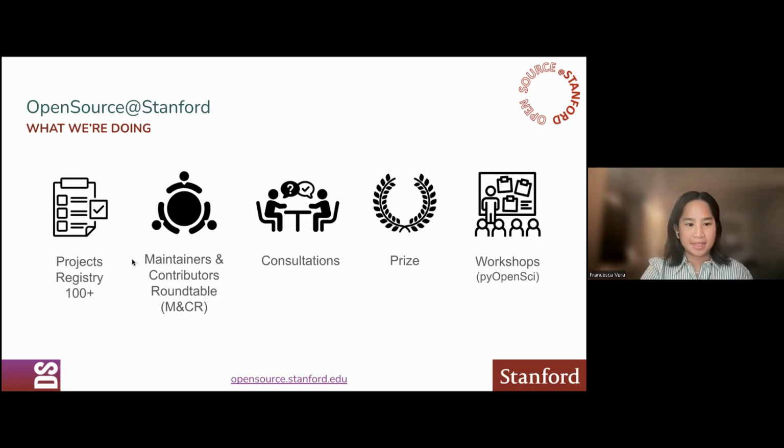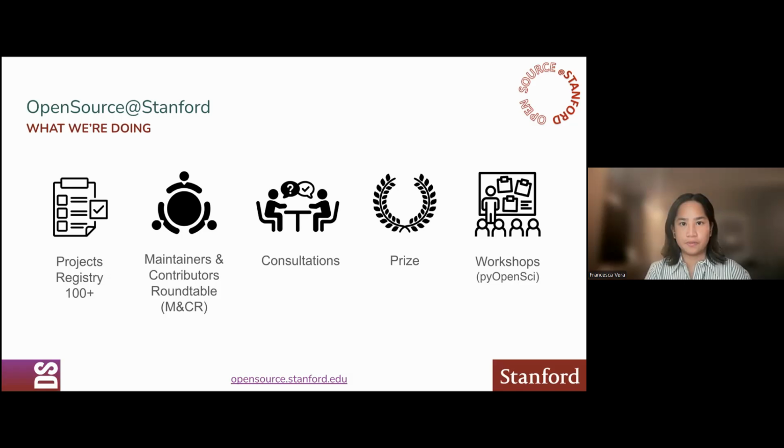We run the Maintainers and Contributors Roundtable, which I will speak about in more detail through the rest of the presentation. We invite people for one-on-one consultations, or we invite lab members to approach us and ask specific questions.